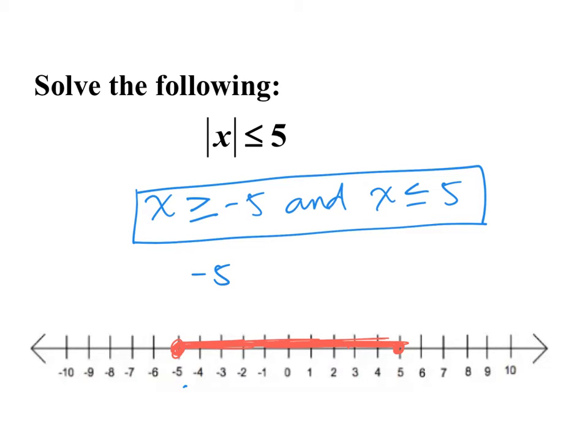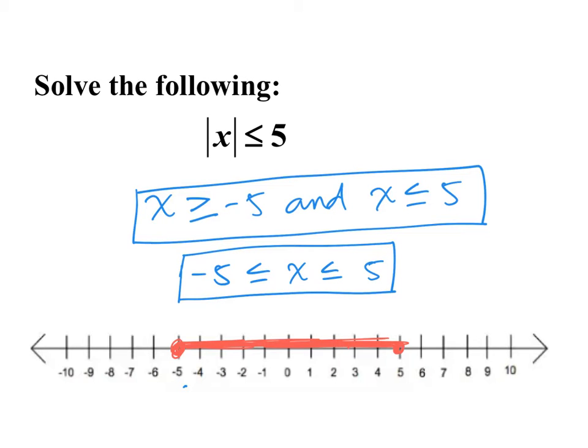Negative 5 on the left, positive 5 on the right, x in the middle, and then less than or equal to symbols in the two spaces. So x represents all the numbers that are at the same time bigger than or equal to negative 5 and less than or equal to positive 5.